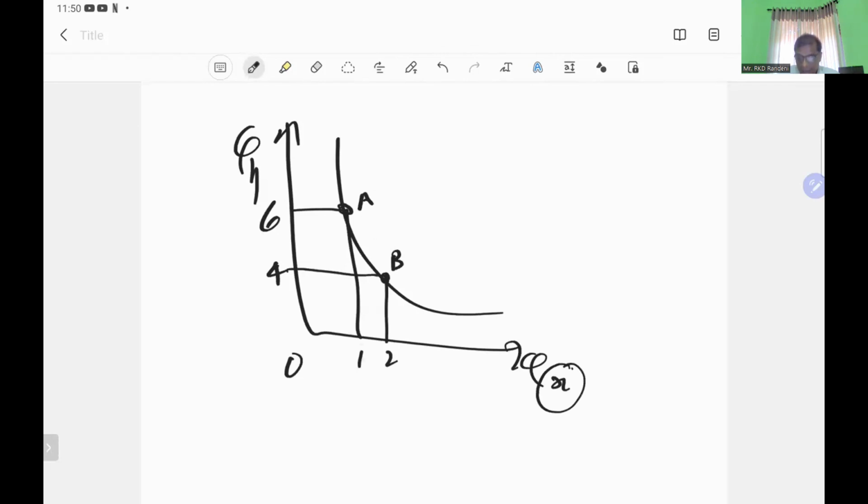For point A, 1 kilo of fish and 500 grams of vegetable. For B, 4 units of 500 grams of vegetables and 2 kilos of fish. Which one are you going to select? Then you are indifferent between these two points.